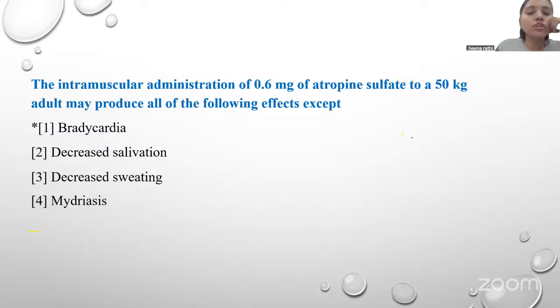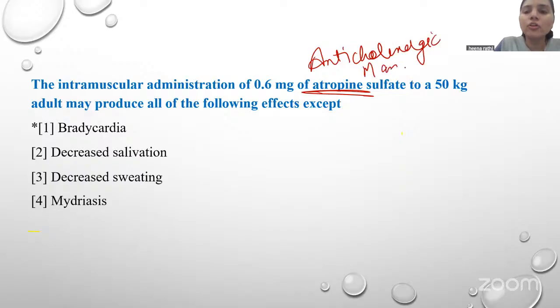Intramuscular administration of 0.6 milligram of atropine. First, we have to recall what atropine is. It is an anticholinergic drug. Anticholinergic means it has its effect on the M receptors, antagonizing them.